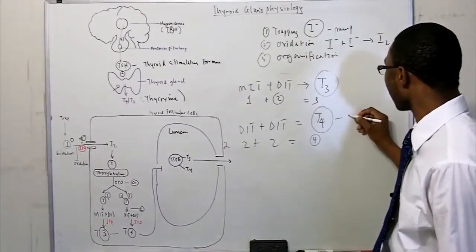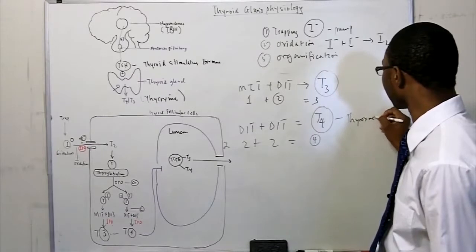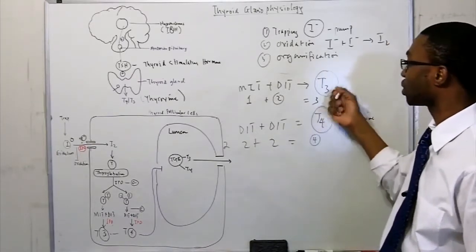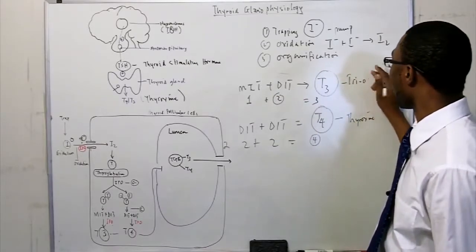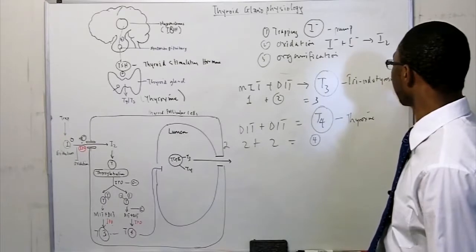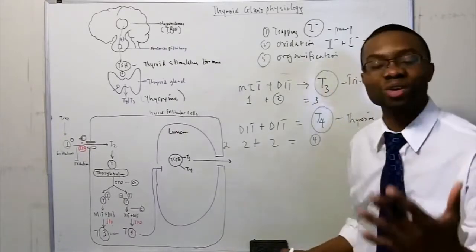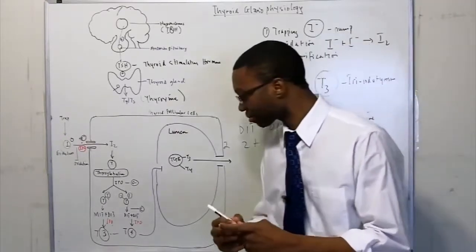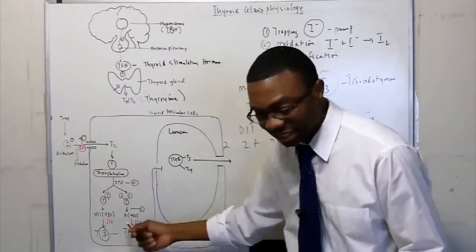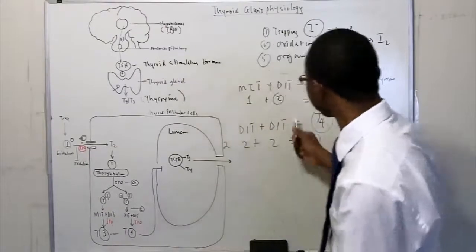Now, T4 is thyroxine. T3 is triiodothyronine, and T4 is tetraiodothyronine.